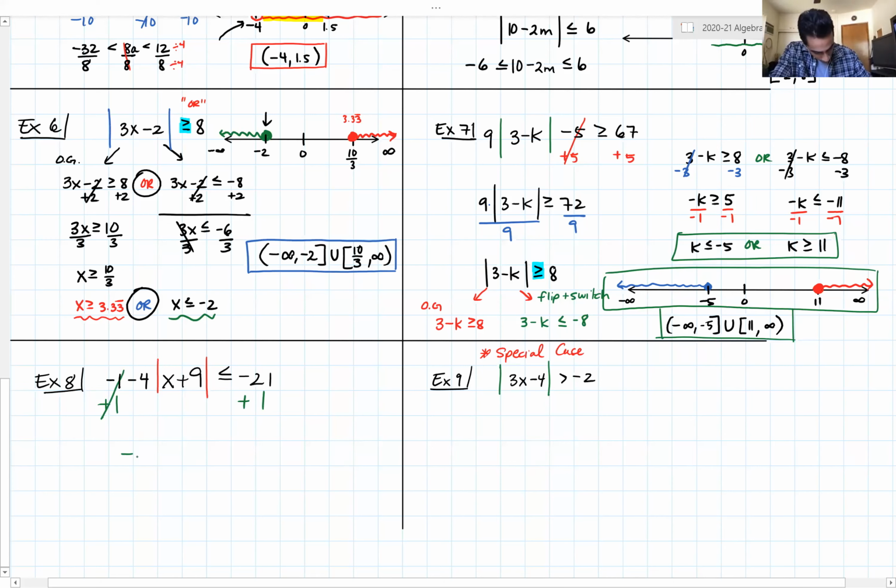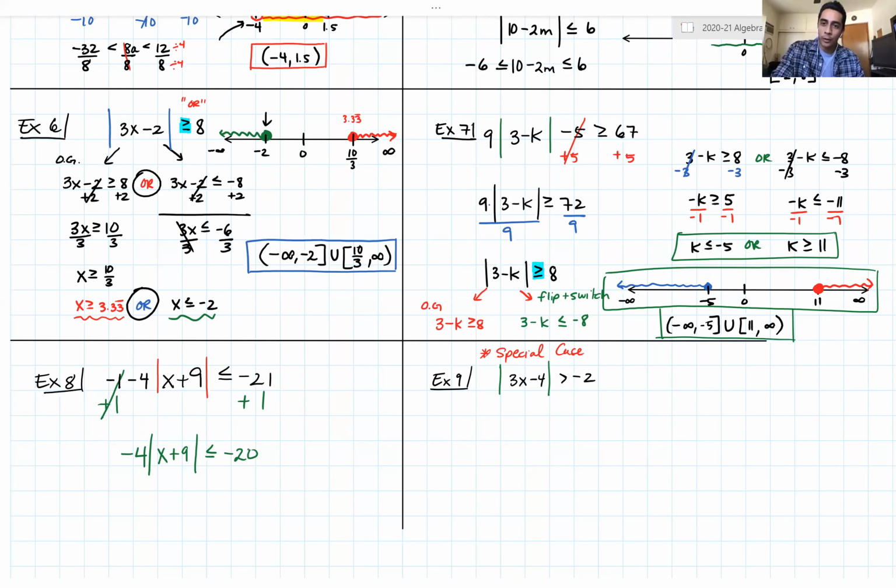So now we're going to have -4 times absolute value of x plus 9 greater than or equal to, that's going to become -20. Okay. And so do you see how the inequality will change at the last second? And then it'll turn our problem from and to or. Right now, currently it's sitting like an and problem.